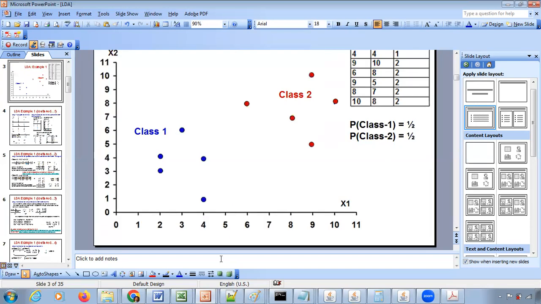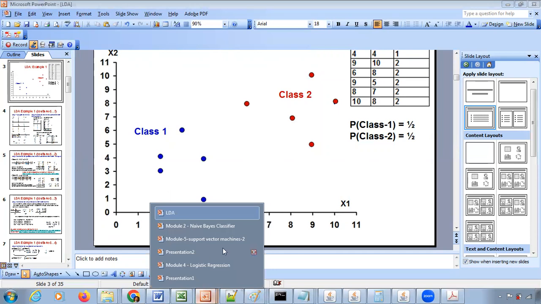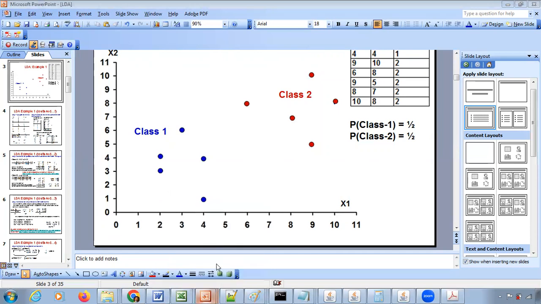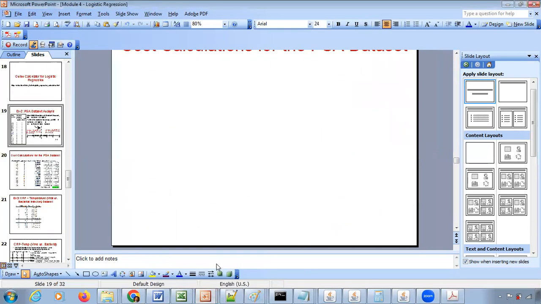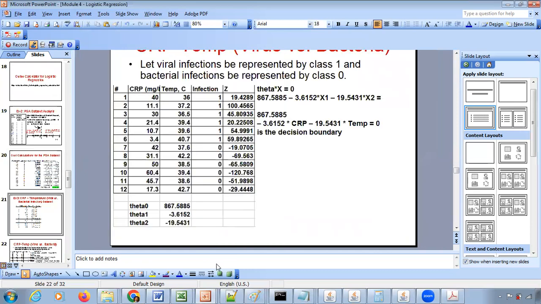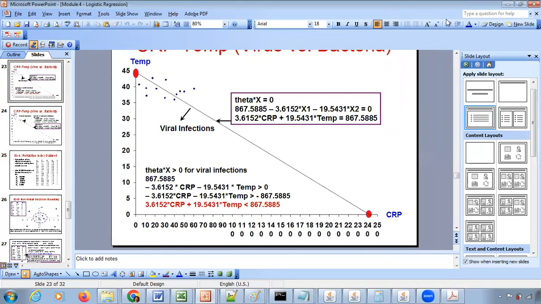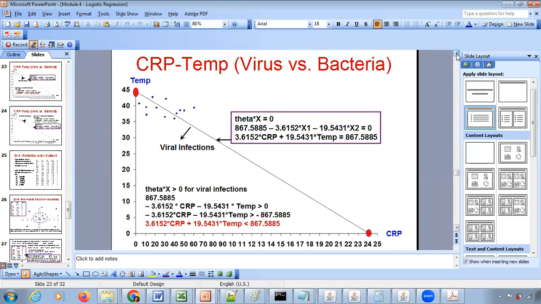If you remember the decision boundary for the CRP temperature data set, it is a clear, separate decision boundary. But here, the data points are kind of close enough to each other if you plot them. It's not clearly visible, even though there's no outlier.